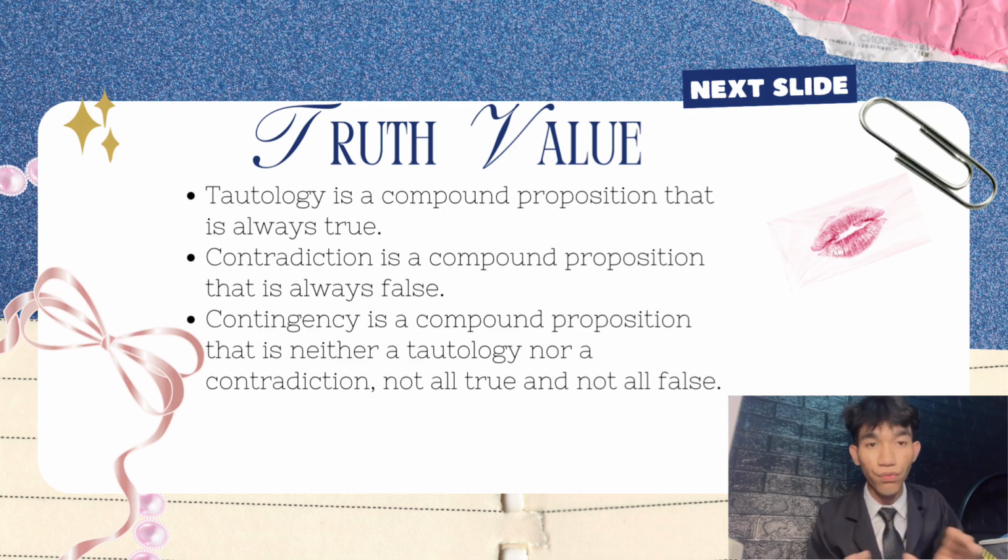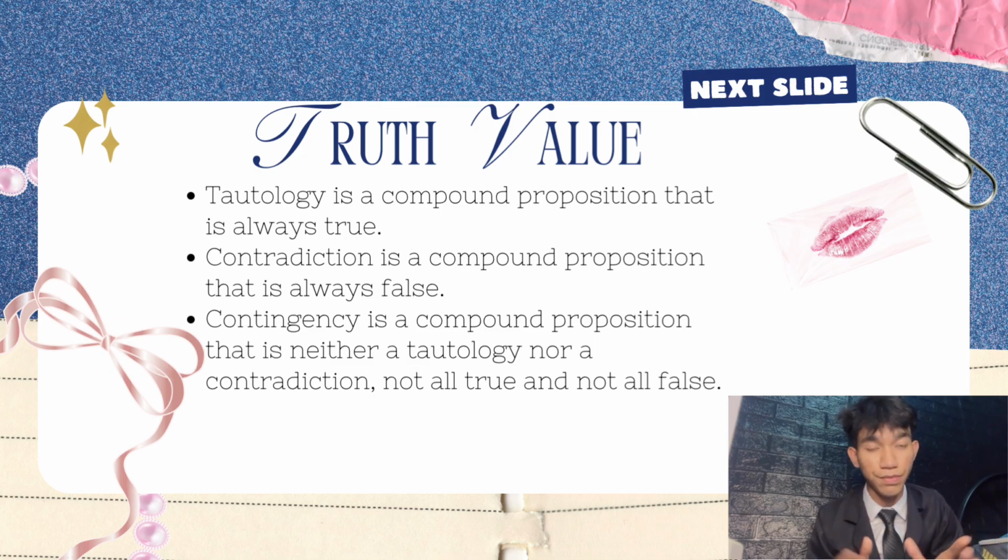There is no true in the truth value, all false, while contingency is a compound proposition that is neither a tautology nor a contradiction. Not all true and not all false. They still have true and false in the truth value, while for tautology there is no false, and for the contradiction there is no true.